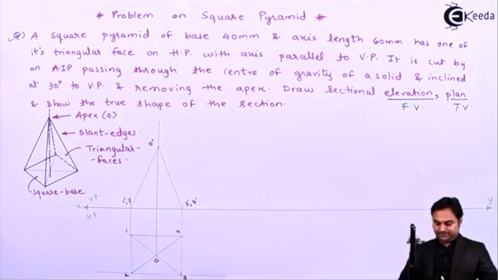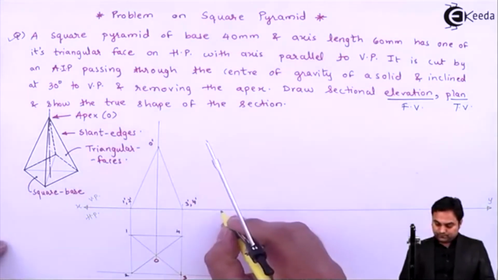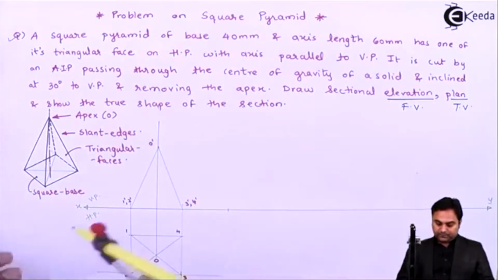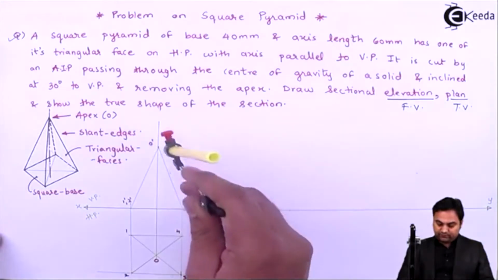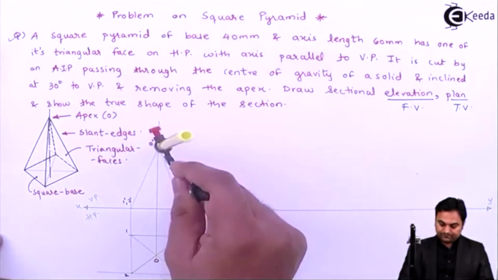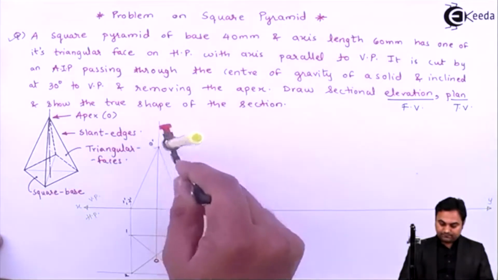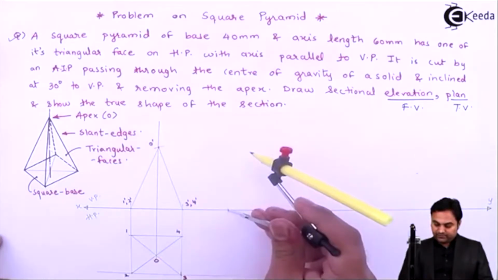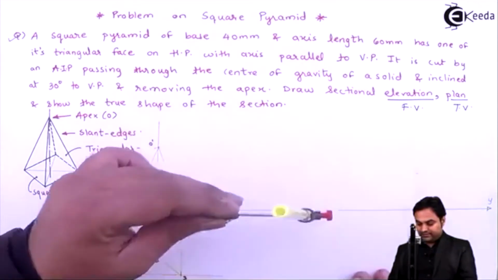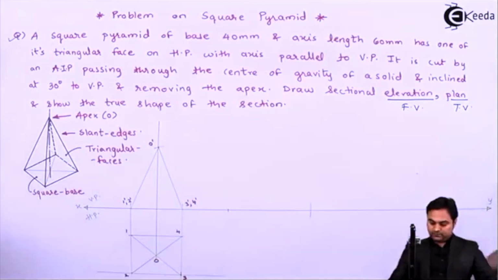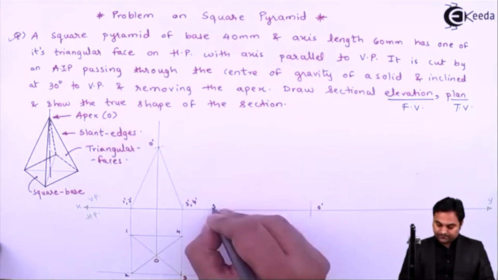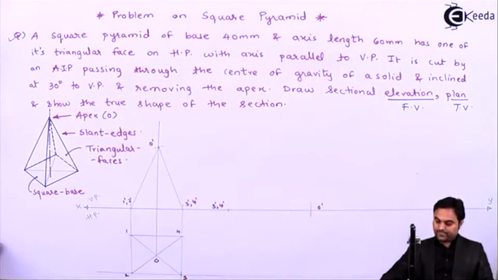So for that I am selecting a point, measuring the distance from 4 dash 3 dash up to O dash, keeping it over here, marking it on XY line. So here I am getting O dash and this is 3 dash, 4 dash.